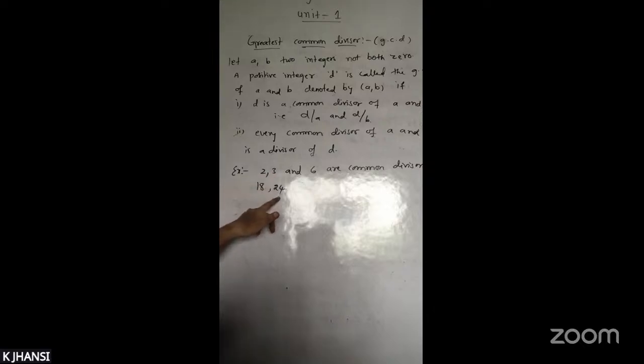For 24, 2 goes 12 times and 3 goes 8 times. Even 6 threes are 18, 6 fours are 24. So 2, 3, 6 are the common divisors of 18 and 24.